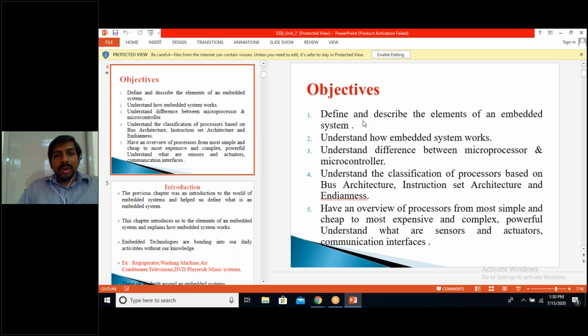We will understand how this embedded system works, and see what the core of the embedded system is, differentiate between processor and microcontroller, classify these processors based upon the architecture, and compare all the processors from simple to complex, and the sensors, actuators and interfaces, which together come to look like your embedded system.